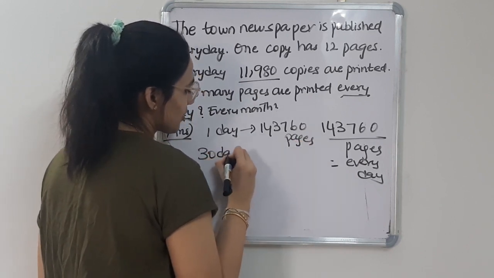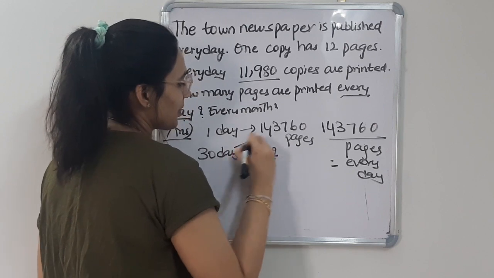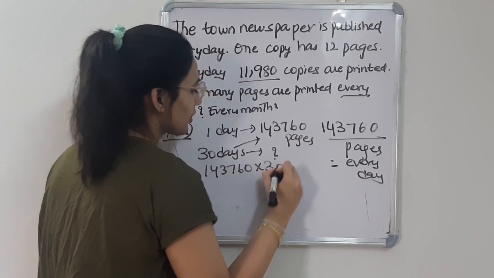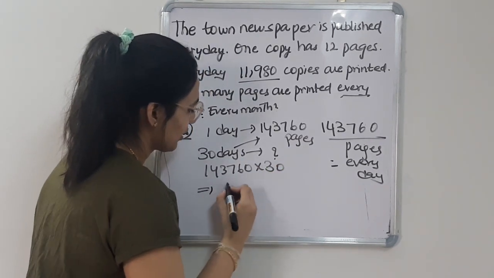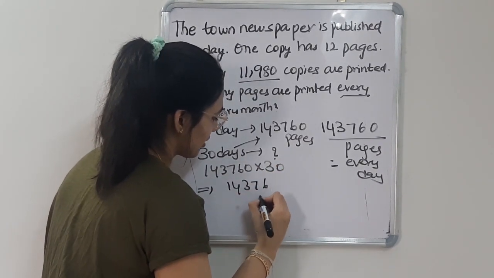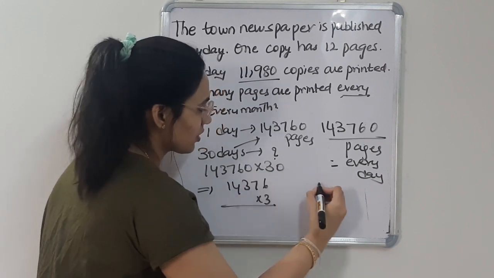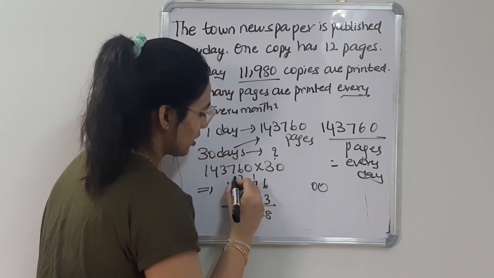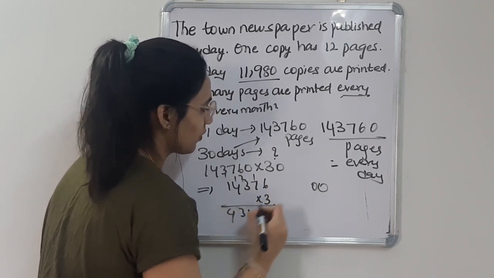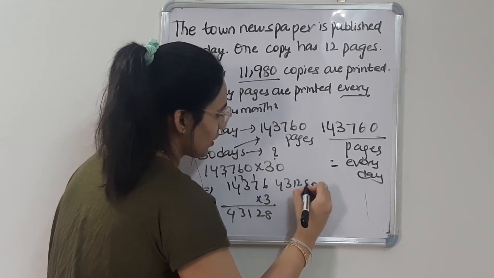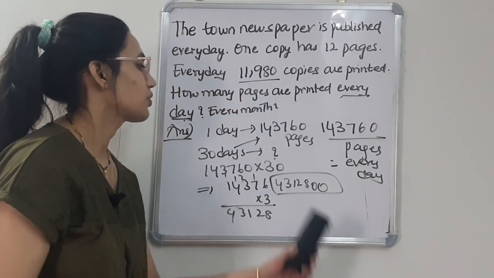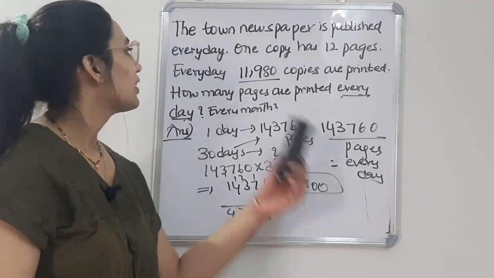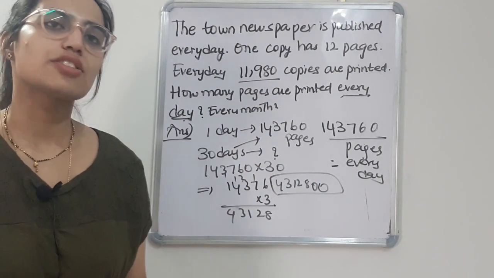For 30 days, how many pages? It will be 143,760 into 30, which is nothing but 143,760 into 3. Ignore the zeros, put the zeros here. 18, 22, 11, 34. So it is 4,312,800. This is how many pages are printed in a month. Okay, this is how you convert and solve the problems.